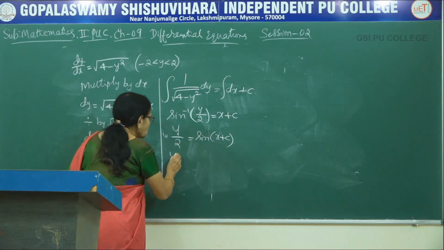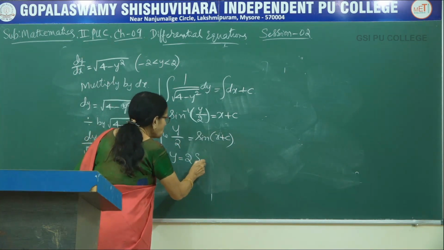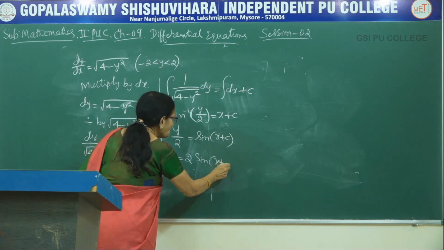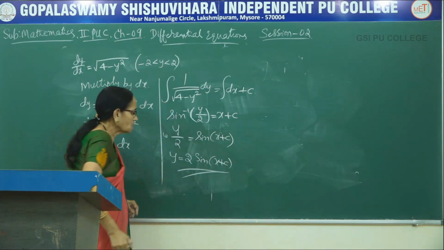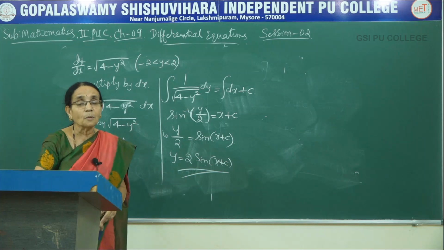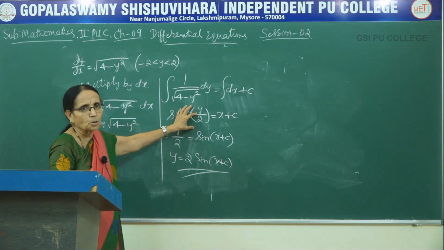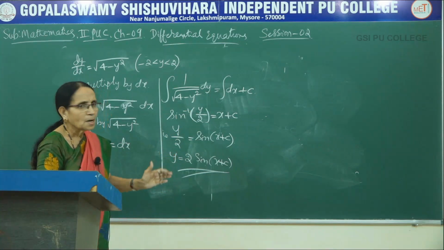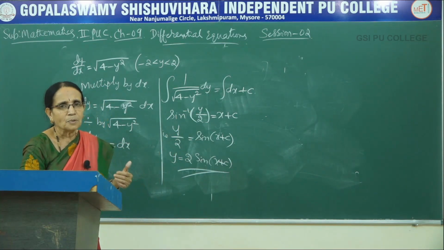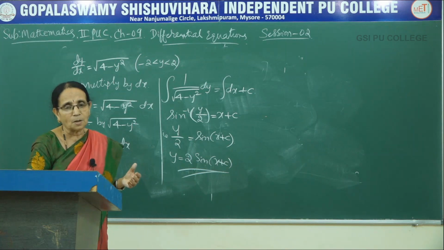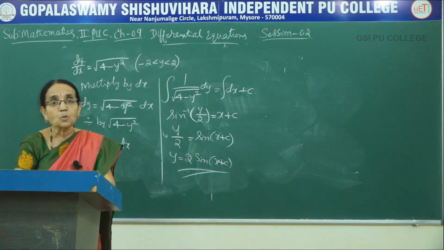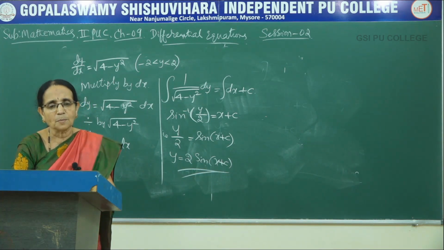Taking 2 to the right hand side, y would be 2 times sine of x plus c. See, it is in the form of a function like y equal to f of x. Okay, this is the actual solution. But rearranging this one, it comes to a neat form, isn't it? Presenting the answer in a better way. So that is what I am doing in this particular problem.